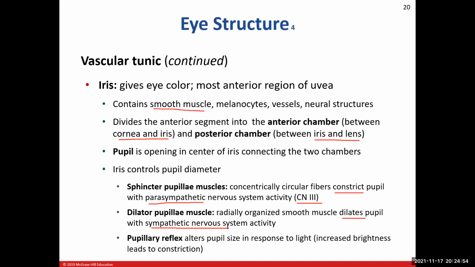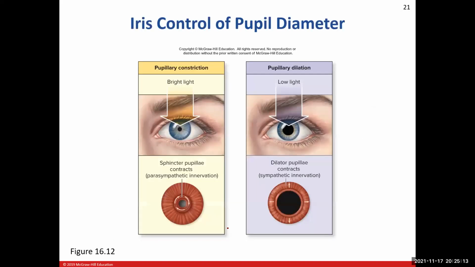And then cranial nerve number 3 is going to cause the pupil to constrict, right? And that's going to be stimulating the sphincter pupillae muscle. So I am checking both cranial nerve number 2 and cranial nerve number 3 simply by just shining a light in your eye. And that's what we're seeing here.